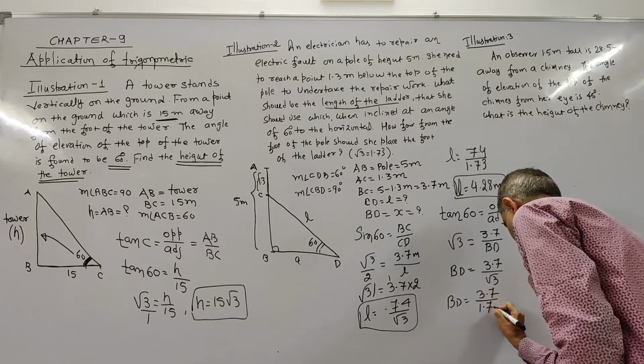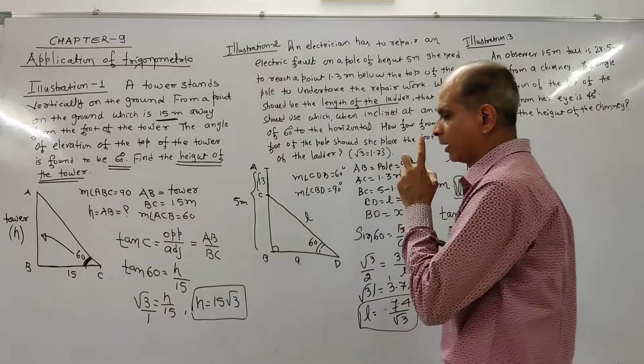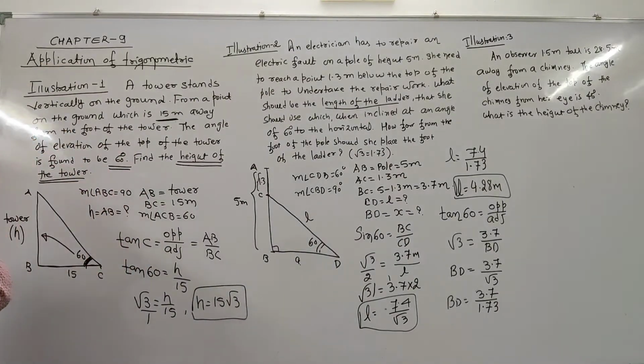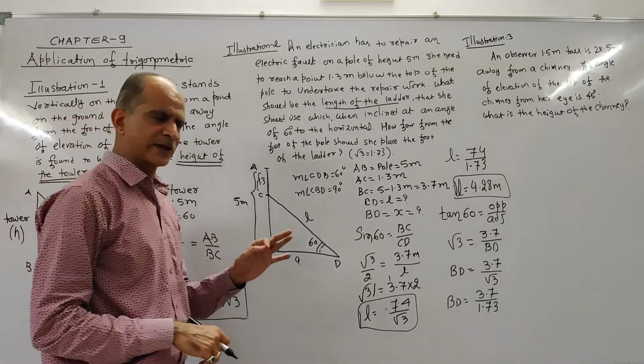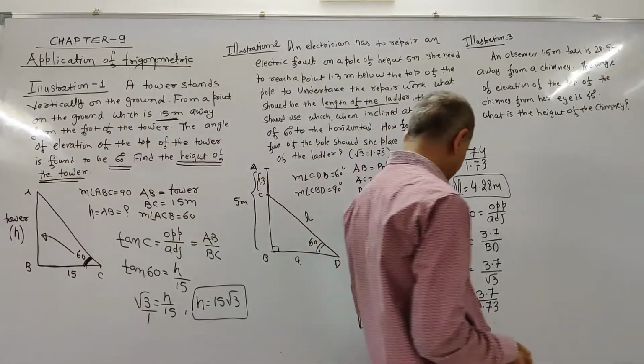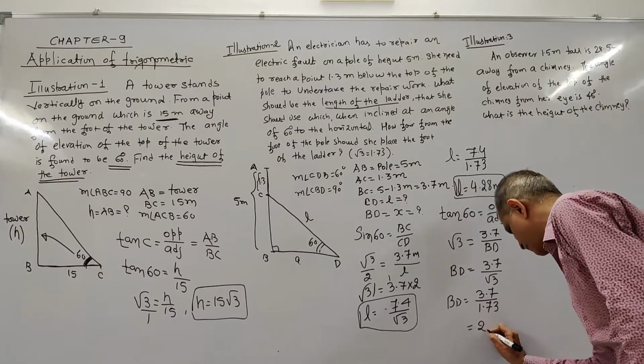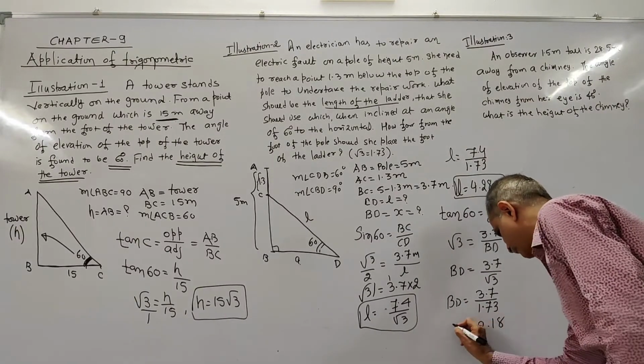So BD is equal to 3.7 upon 1.73, because in this example the value of root 3 is given to you, and that is 1.73. So divide 3.7 by 1.73. Here you get the answer 2.18 meter.